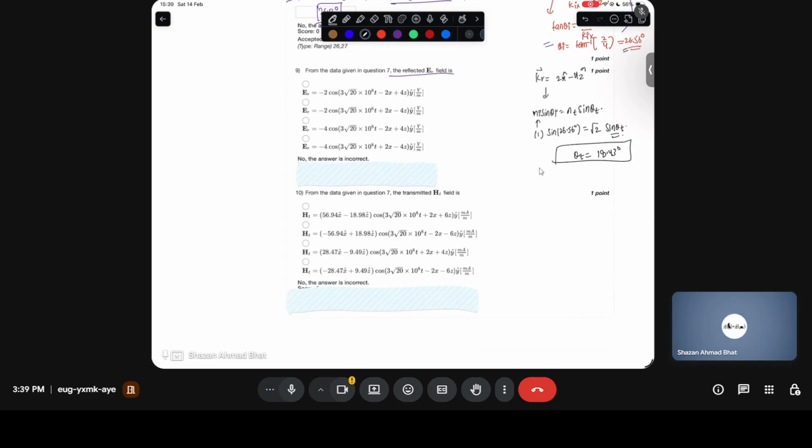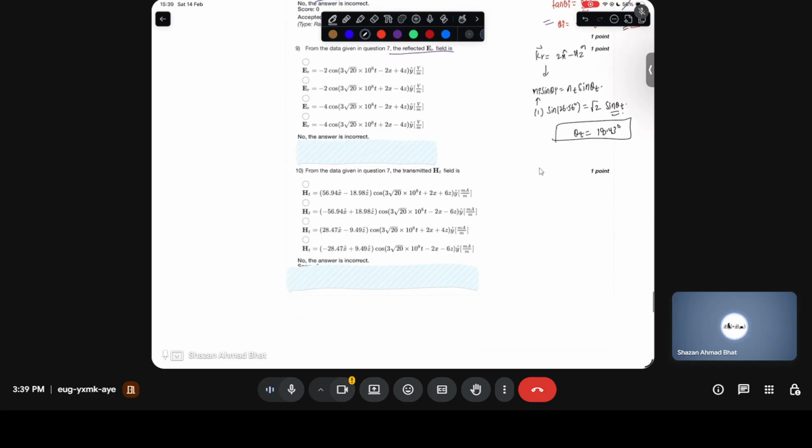Now if you talk in terms of the impedances, you can obtain the reflection coefficient, which you can write as gamma.